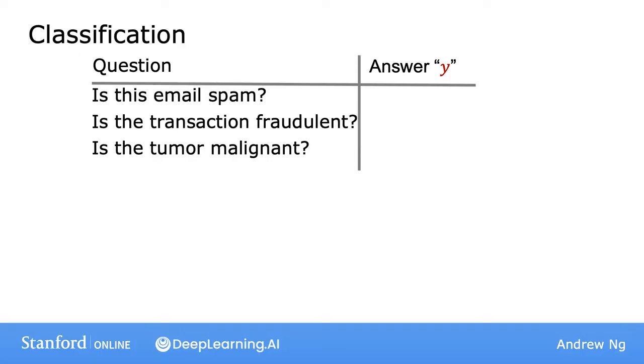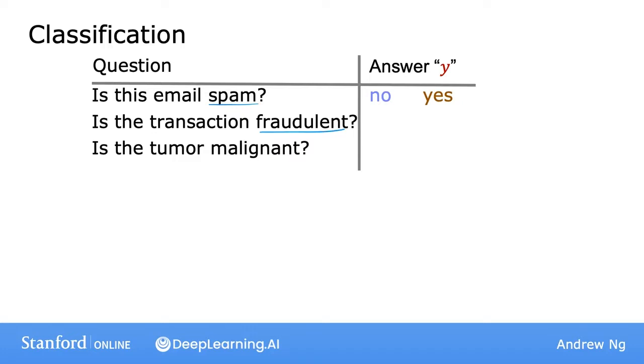Here are some examples of classification problems. Recall the example of trying to figure out whether an email is spam. So the answer you want to output is going to be either a no or a yes. Another example would be figuring out if an online financial transaction is fraudulent.